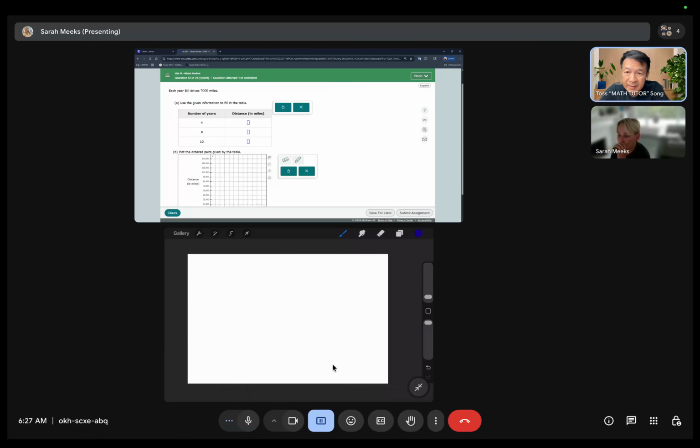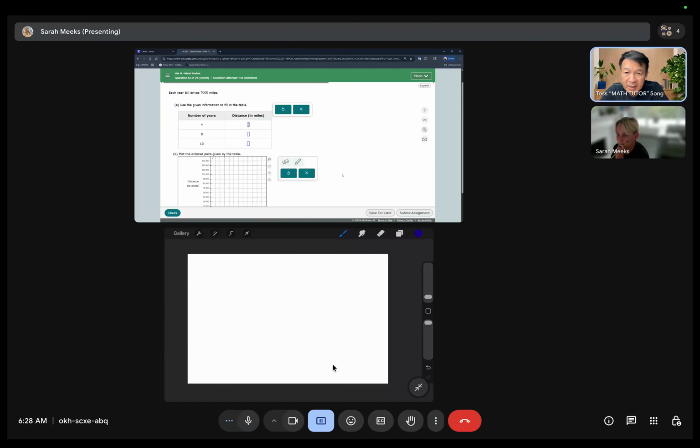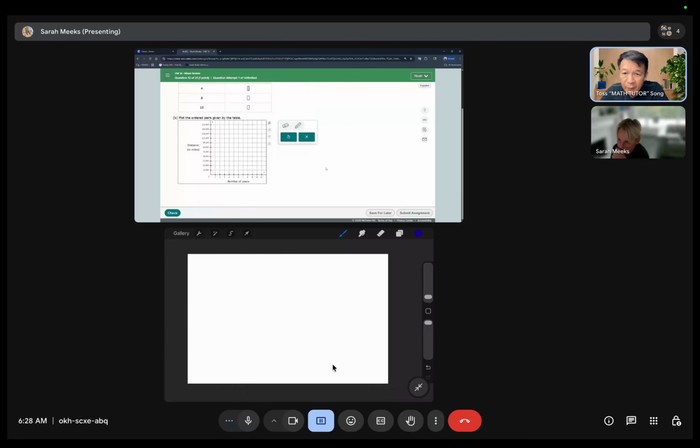Alrighty. Each year, Bill drives that much, 7,000. We'll plot them, but we've got to get each row correct, right? Each year. Okay, 4 years. So we'll do 4 times 7, so that's going to be 28 and 3 zeros. Oh, wait.